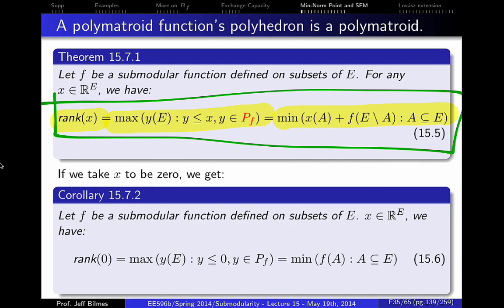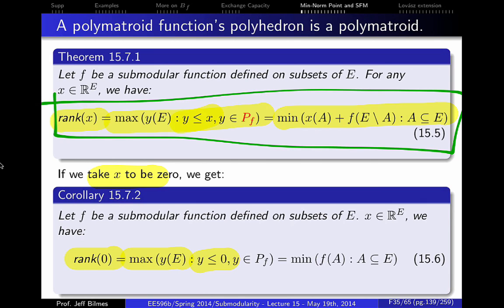This is saying that, for example, if we take x to be 0 here, then we've got the rank of 0. The rank of the 0 vector is equal to the maximum component sum of all y less than or equal to x. So a subvector has to be saying that we're strictly in the negative orthant, right?